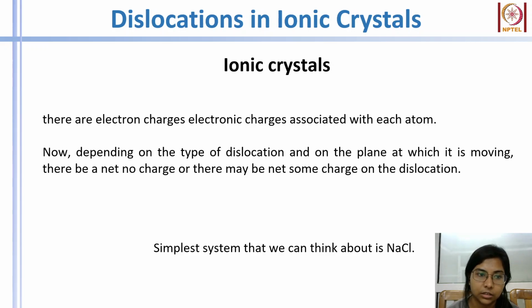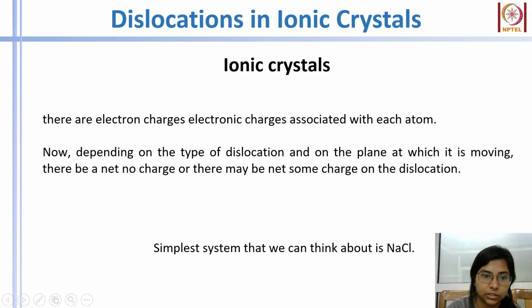Now when dislocations arise in ionic crystals, what will happen? Depending upon the type of dislocation and on the plane on which the dislocation is moving, there may be a net charge on the dislocation, or there might not be any net charge. So we will look into that now.